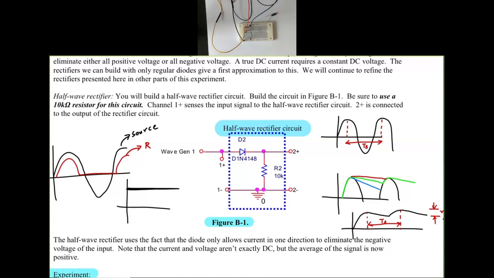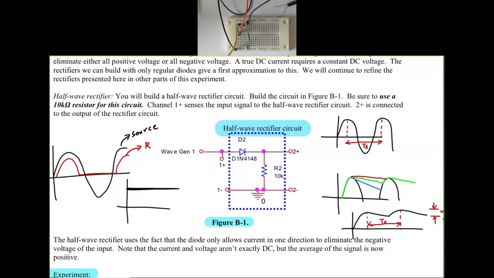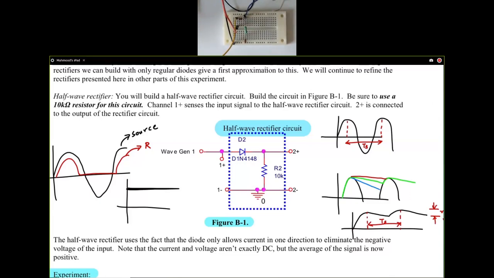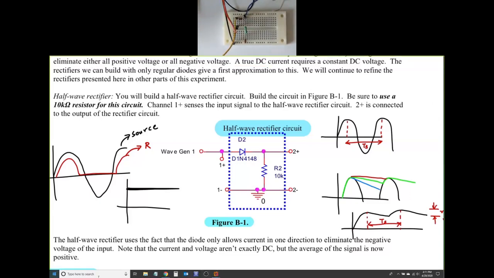So I believe I'm ready. I can zoom in to show you guys things a little bit better, maybe. But essentially I'm ready to start waveforms here. So what I'll do is minimize this.